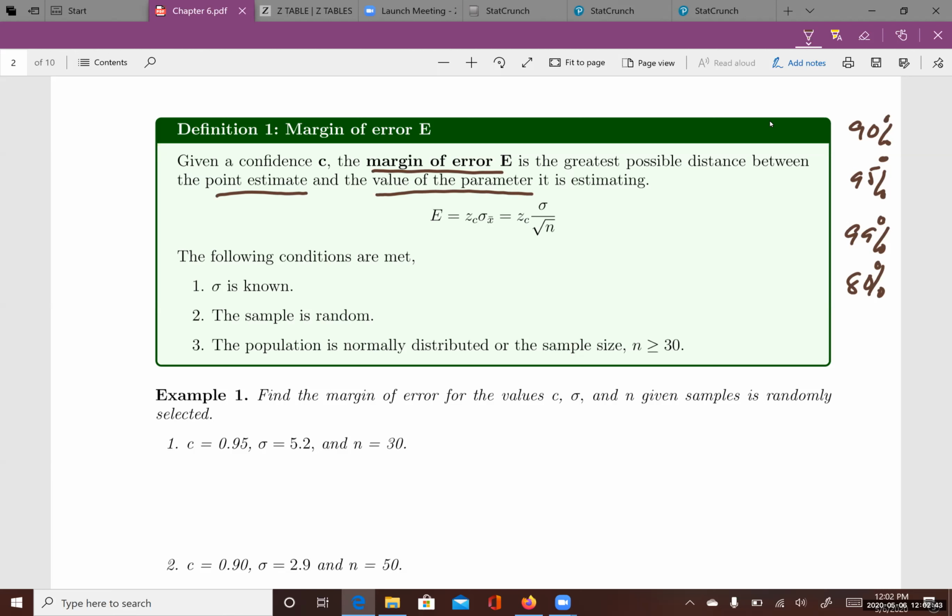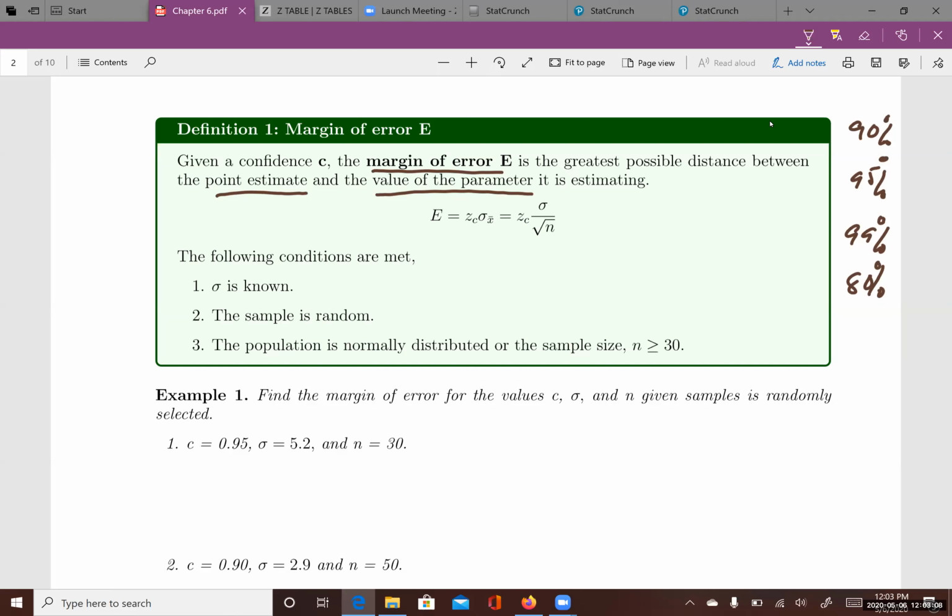In other words, this is just the greatest sample error that you wish to have. The margin of error is denoted by E, and is equal to ZC times the standard deviation of the sampling distribution.